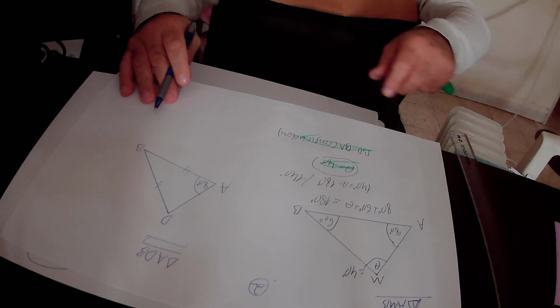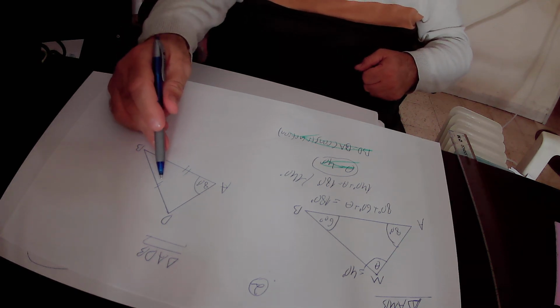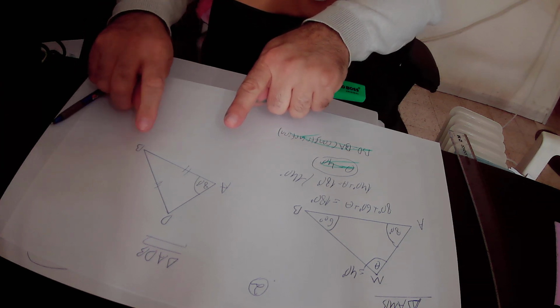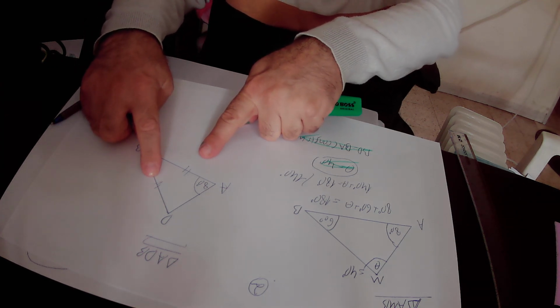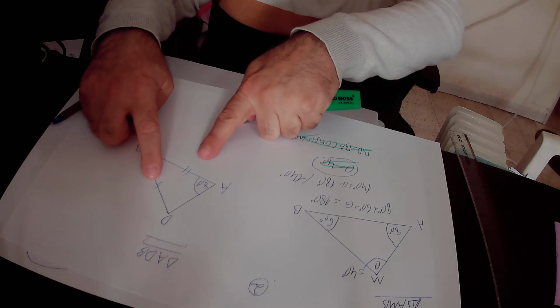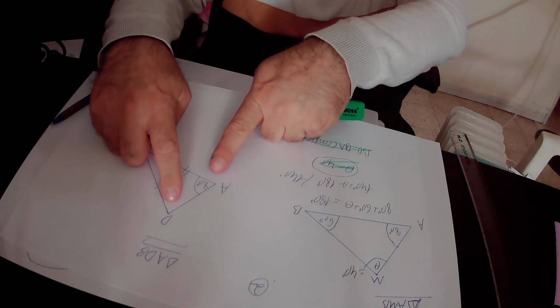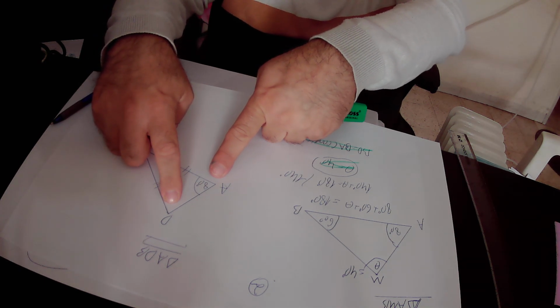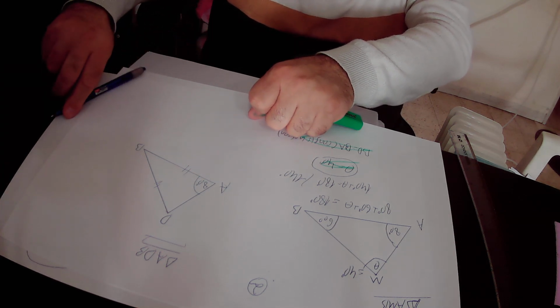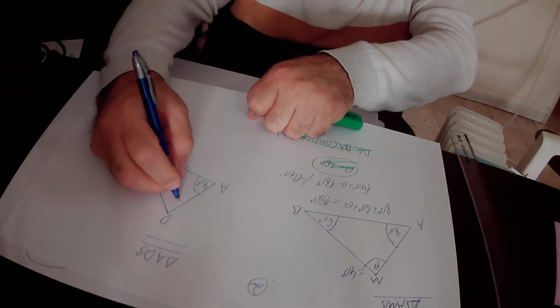Again, we have the same rule that in front of equal sides in the triangle, there are equal angles. Those two sides are equal to each other, and they are located in front of those two angles. Therefore, those two angles must also be equal to each other. But this angle equals 80 degrees, therefore the other angle must also be equal to 80 degrees.